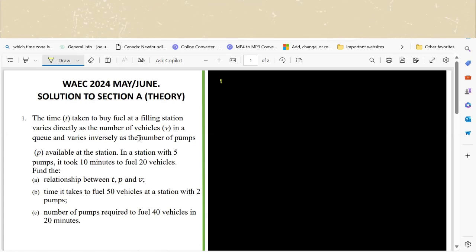So here we say that T varies directly as the number of vehicles V and inversely as the number of pumps P. So we are going to remove this variation sign by introducing a constant K. So we can say that T equals KV all over P, where K is our constant.